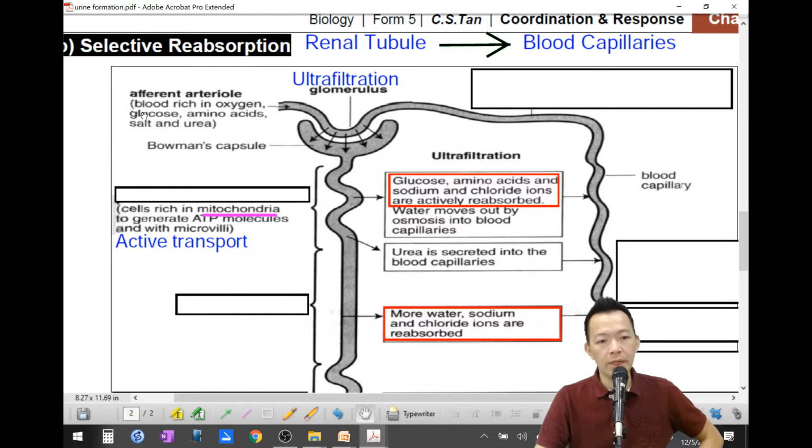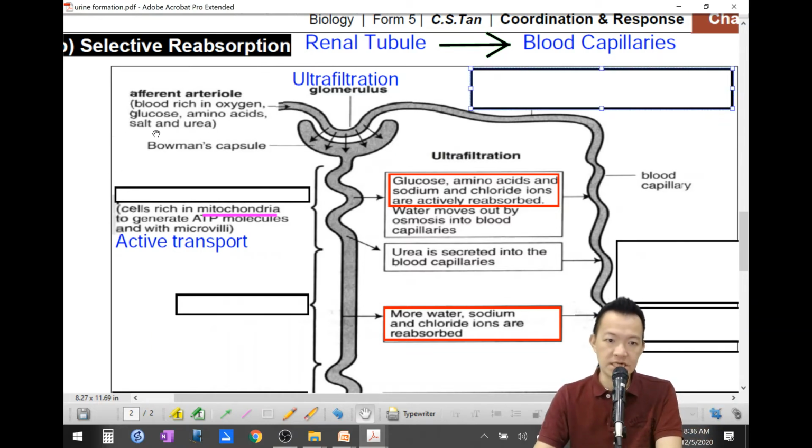But remember, glucose, amino acid, salts, and urea will diffuse through the glomerulus capillaries and will be filtered and accepted by the Bowman capsule. Other materials like blood cells, platelets, plasma protein, or maybe fat will not diffuse through the wall, so they continue to flow inside the efferent arteriole, the small artery going out.